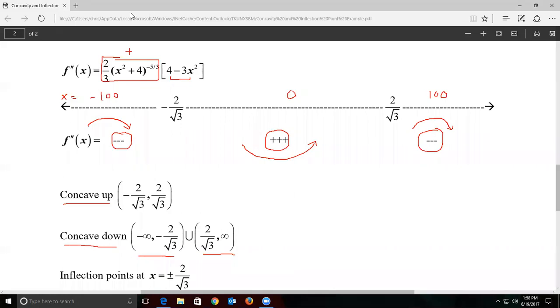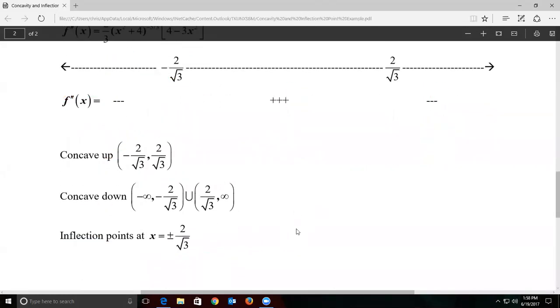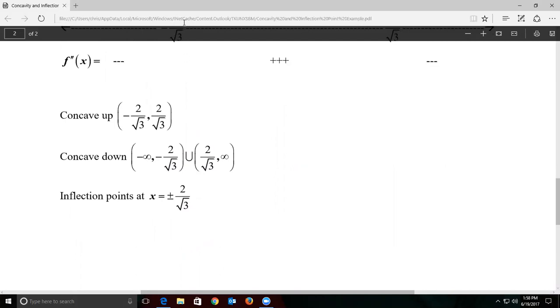And we also know if the function changes concavity, then we're going to have inflection points. So this does go from concave down to up to down. So that tells us additionally that these 2 points here at plus 2 over root 3 and minus 2 over root 3 are going to be inflection points. So we can sort of label that on the graph above.